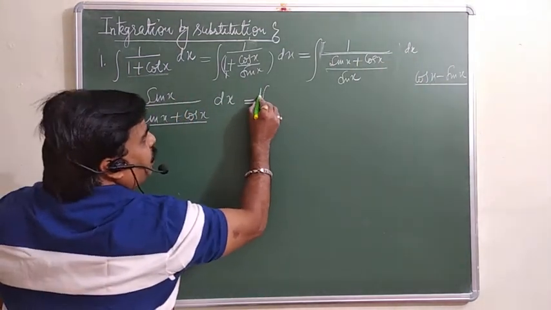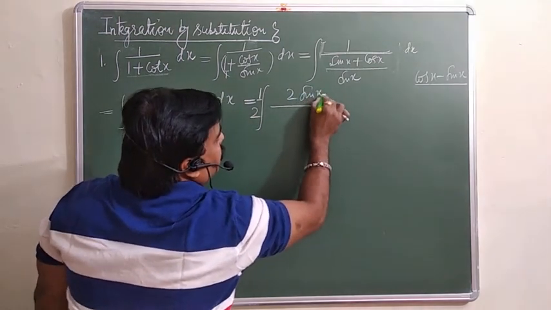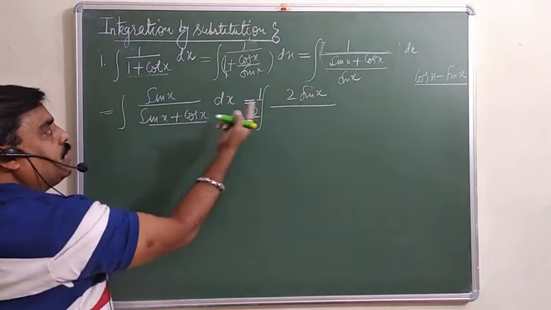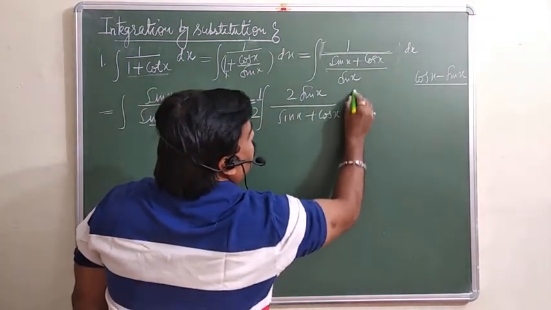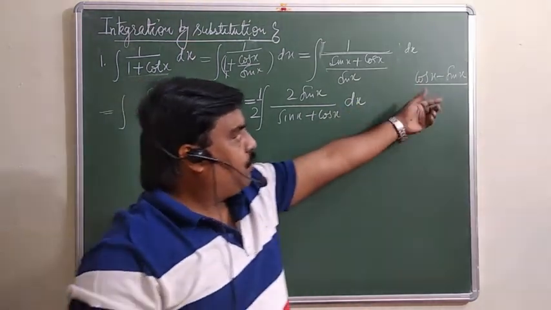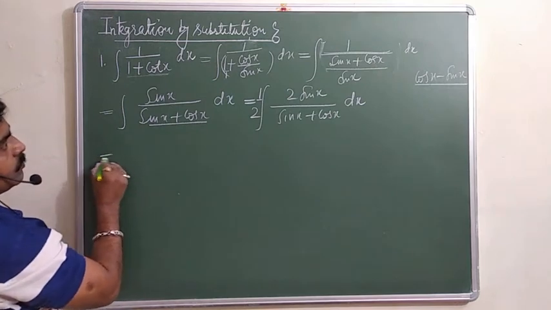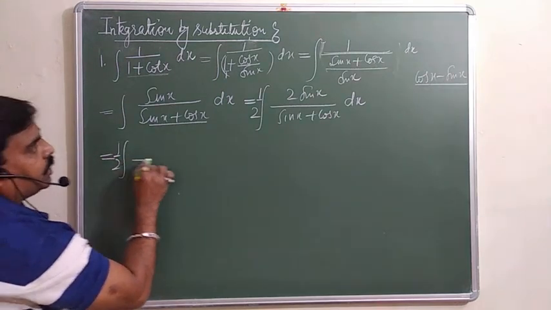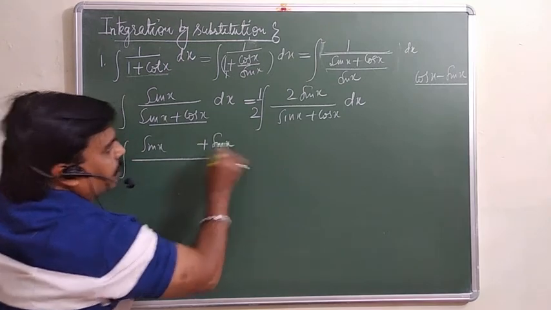What we can do? We can divide it by 2 and multiply it by 2 here. Same operation we can do. We are dividing and multiplying, so nothing is going to change. Sin x plus cos x dx. What exactly we want anyhow? But this 2 sin x can be written as 1 over 2 sin x plus sin x here.